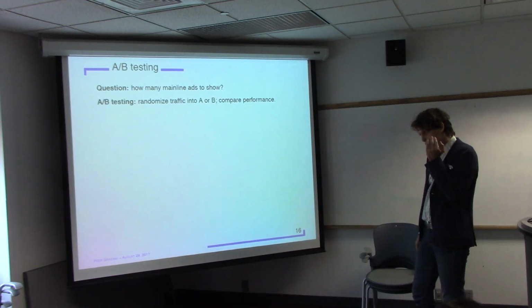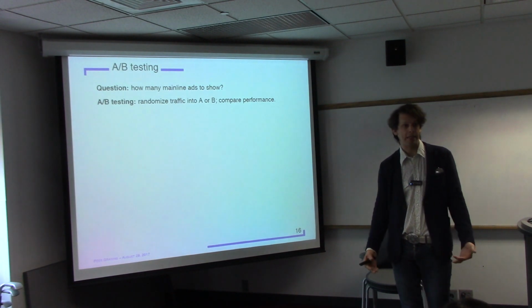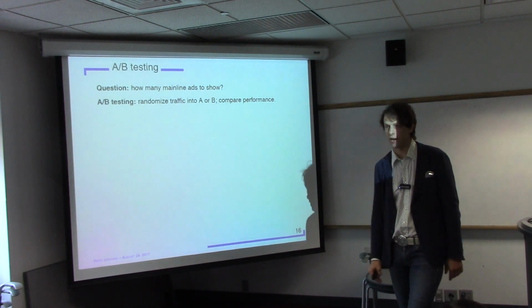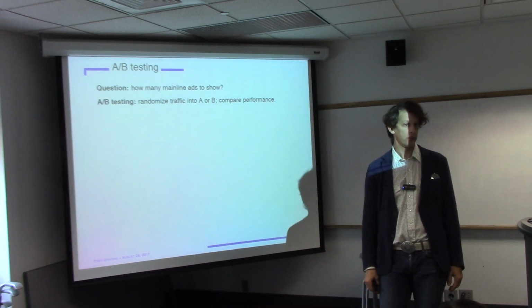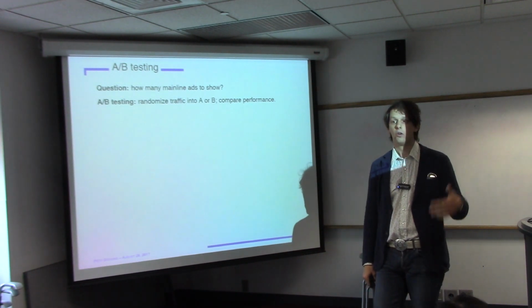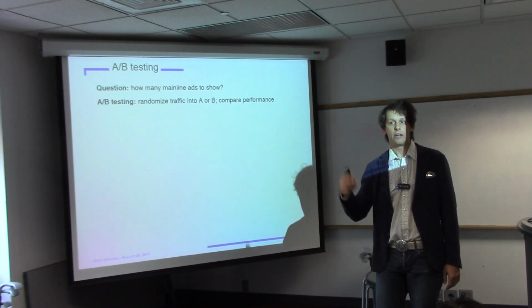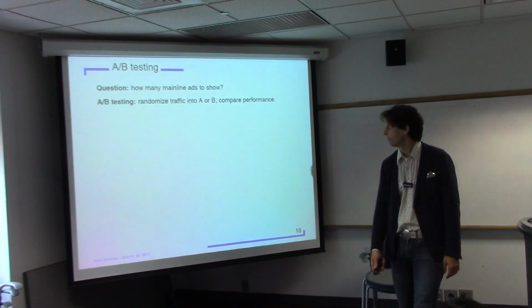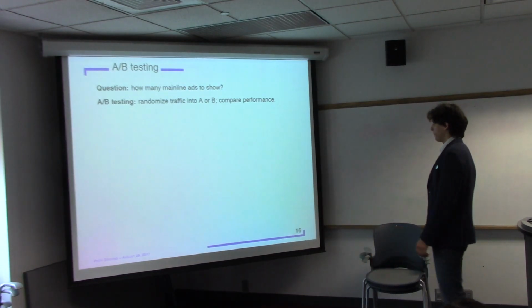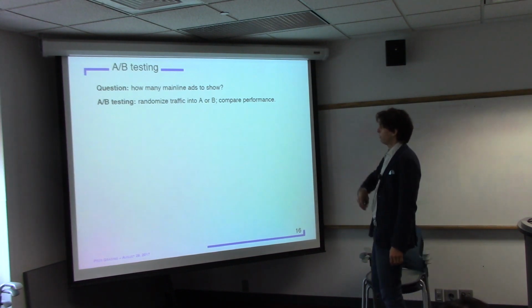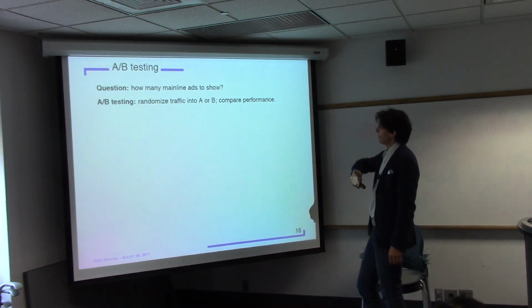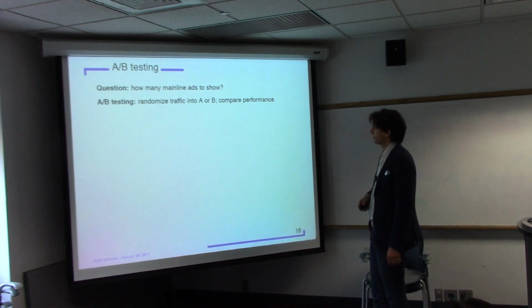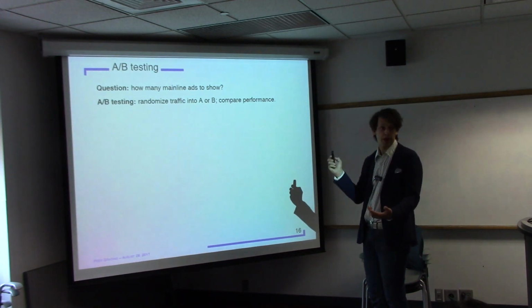So if you were Google, you might turn to something like A/B testing, which is the industry speak for randomized controlled trials, to try to determine whether A, 1 mainline ad, or B, 3 mainline ads, gave them more revenue. That's actually going to be a little bit problematic, and I'm going to explain why right now. If we were to randomize traffic into A and B and compare performance, that'd be the standard framework for A/B tests.